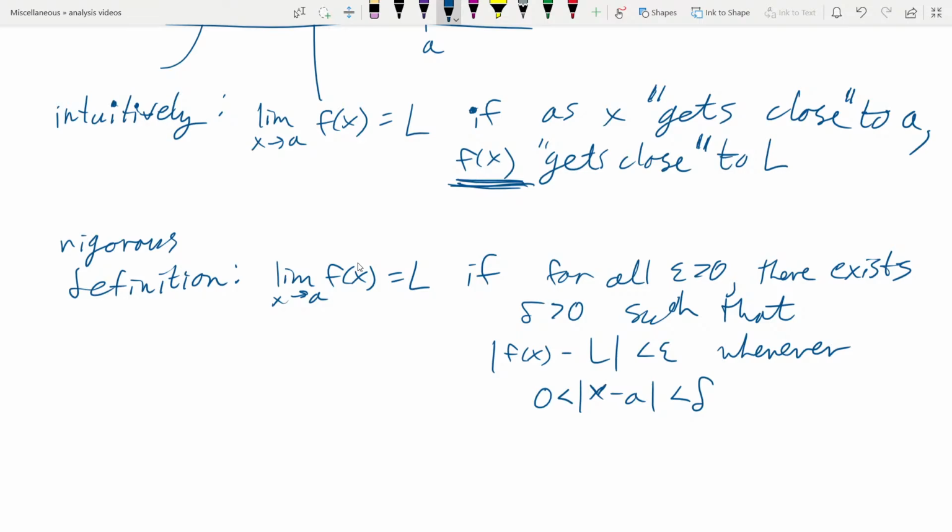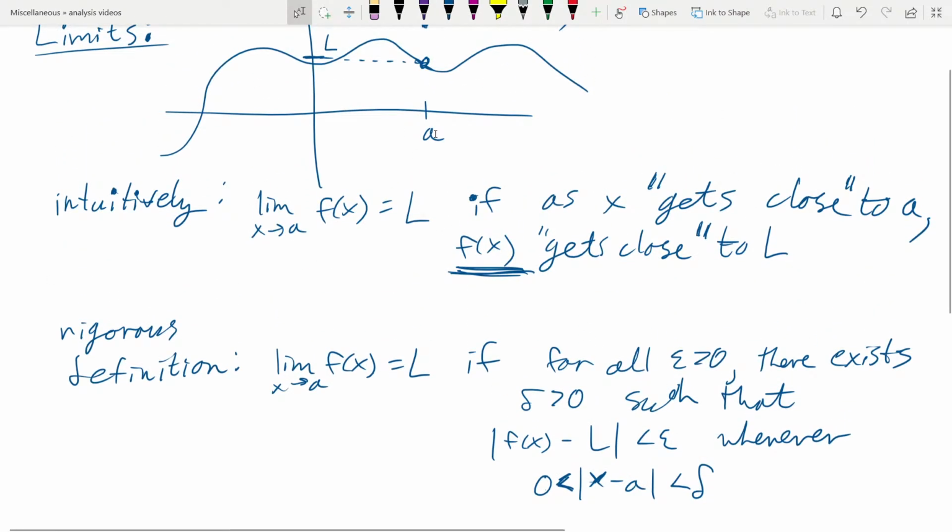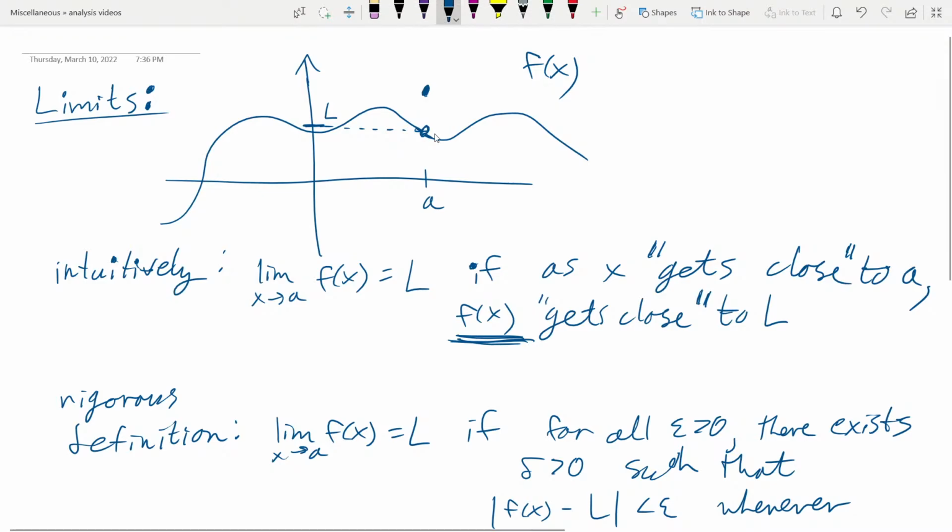Of course, absolute value is always non-negative. So all this 0 less than piece is doing is ensuring that the absolute value of x minus a is not actually equal to 0. This is important because when we talk about limits, x does not actually have to equal the input value a, as you can see in our example here. If we allowed x to be equal to a, then the value of f of x could end up well outside a sufficiently small error placed about L, right?